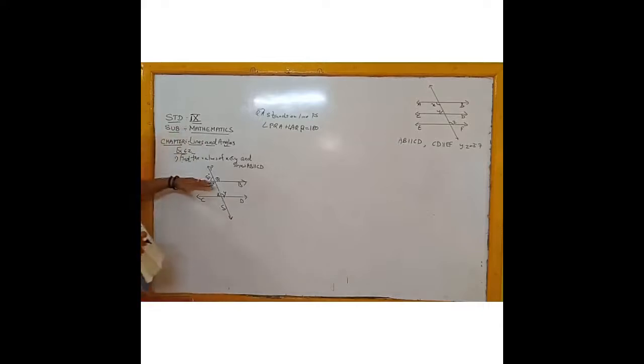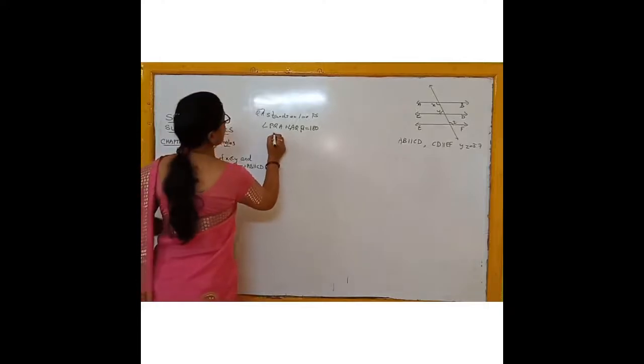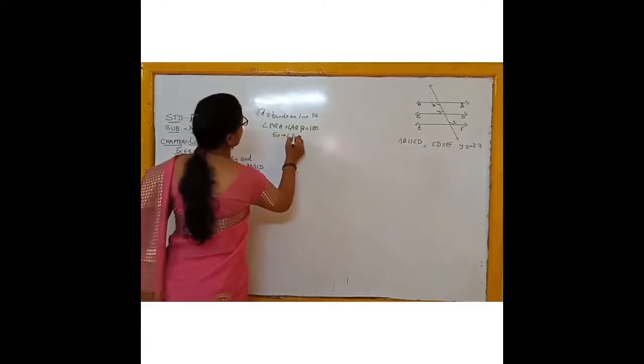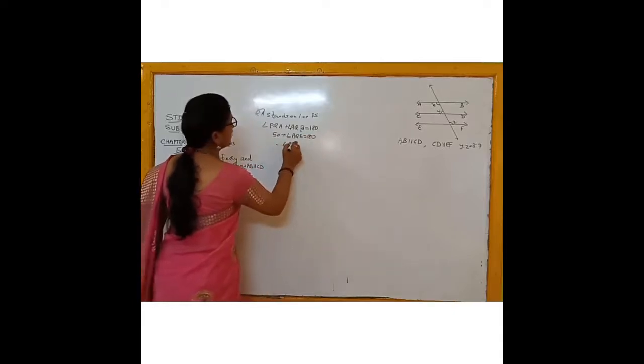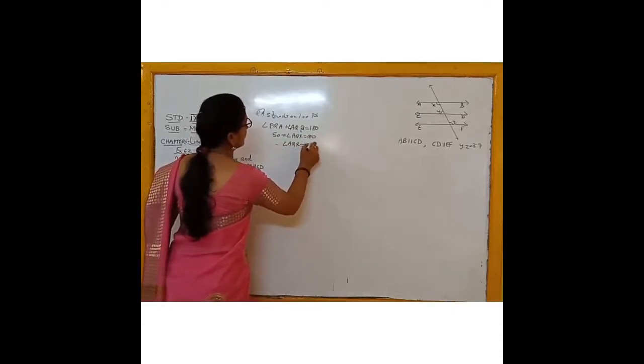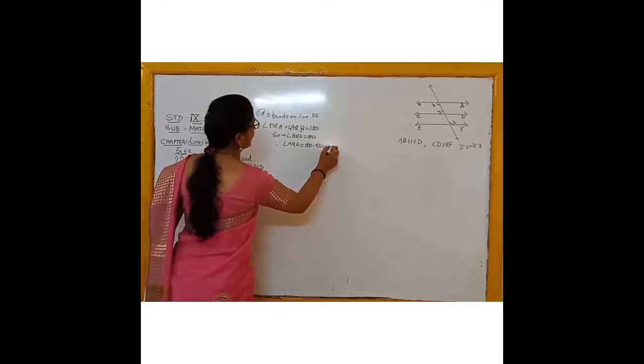So ray QA stands on this line, so angle PQA plus AQR is equal to 180. Measure of angle PQA is given, which is 50, plus angle AQR is equal to 180. Therefore measure of angle AQR is equal to 180 minus 50, which is 130.